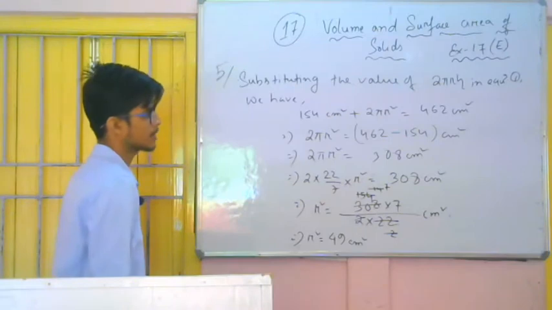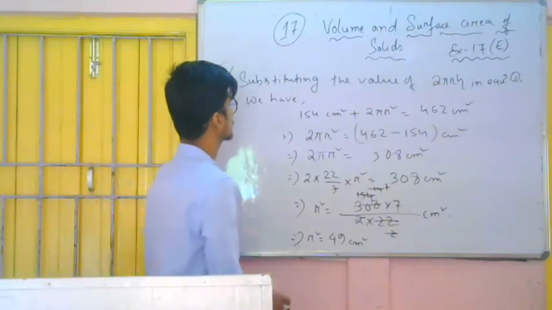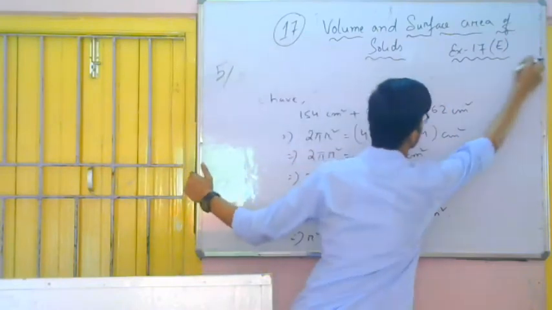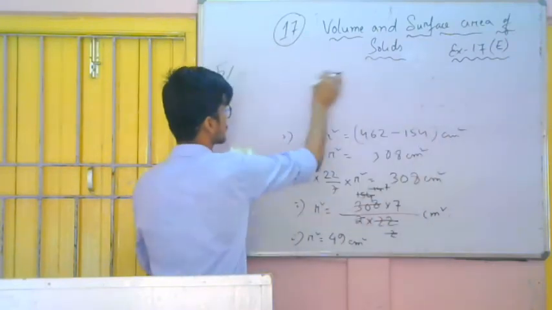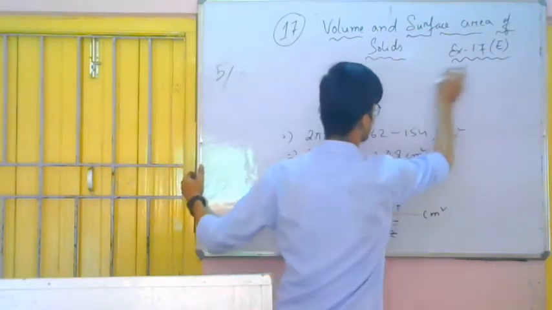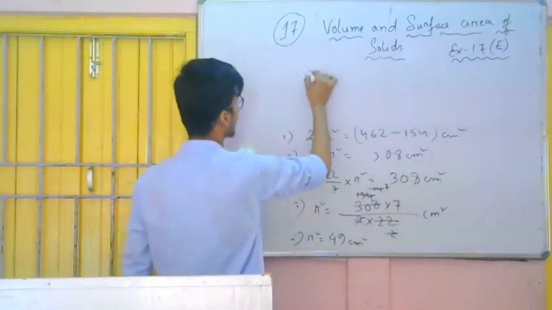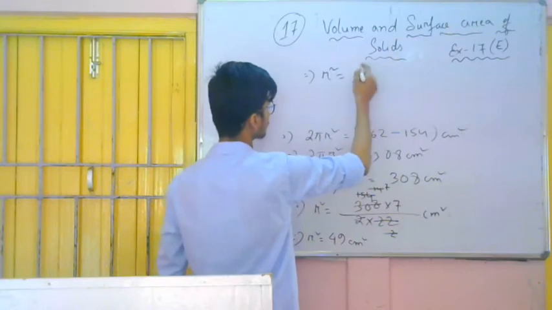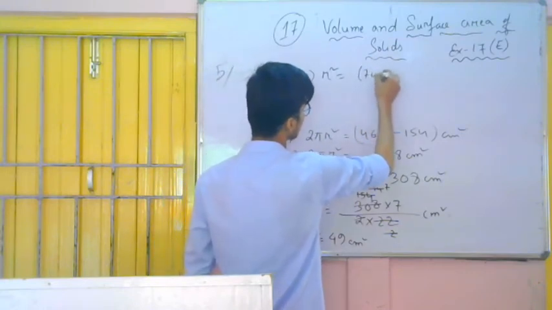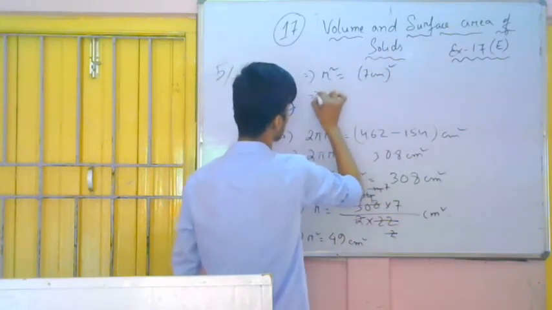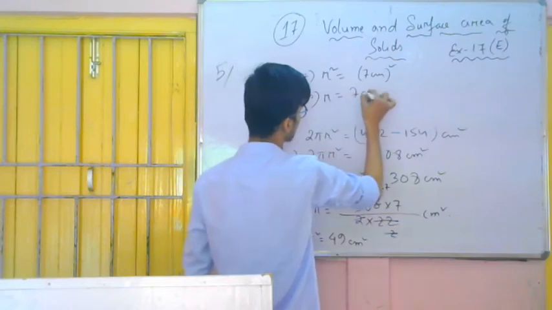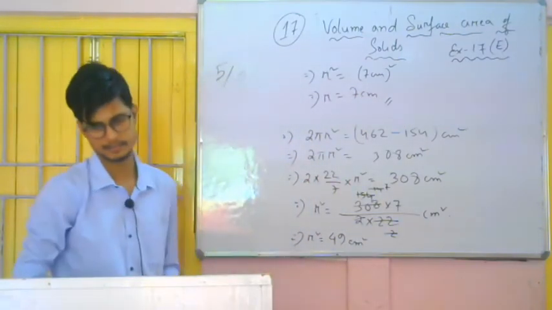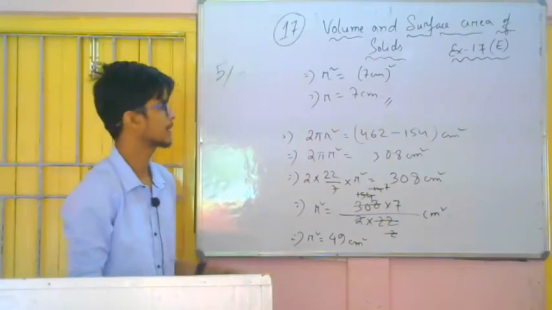R square is equal to 49 centimeter square. This implies r is equal to 7 centimeter. So I have got the value of r.